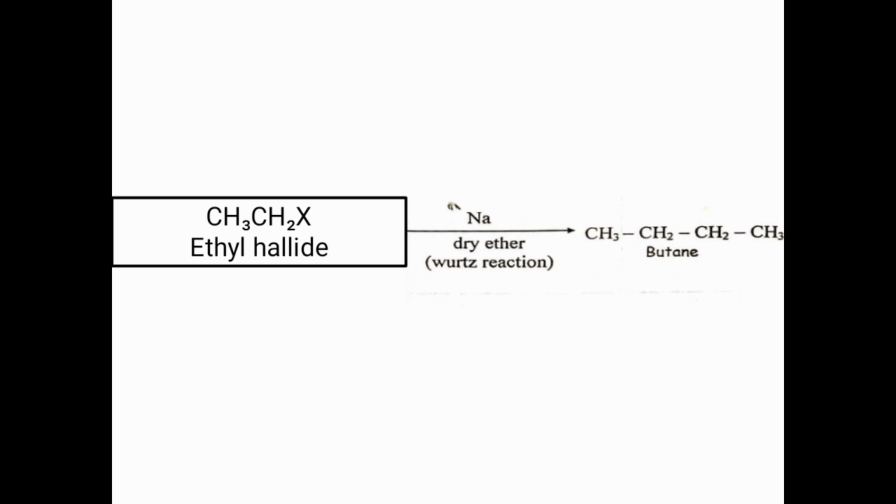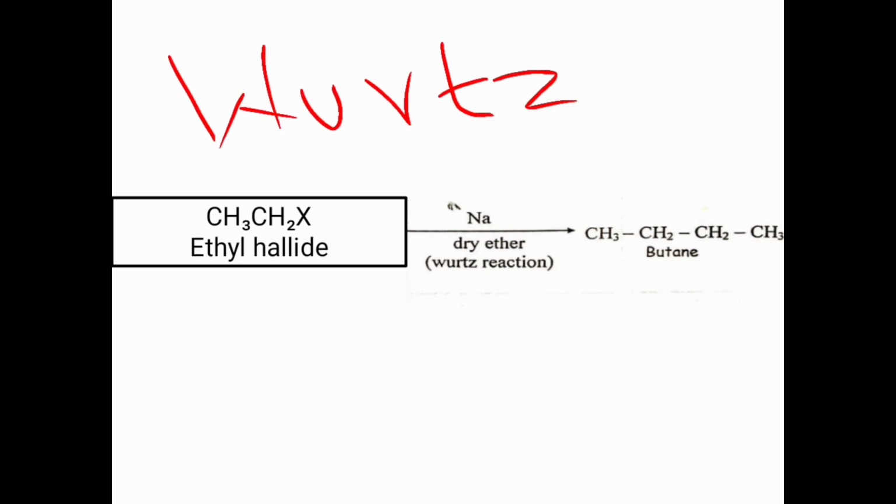Now, reaction with sodium: ethyl halide reacting with sodium is also known as the Wurtz reaction, that is W-U-R-T-Z. This is known as the Wurtz reaction. In this, what will happen is 2 sodium reacting with 2 ethyl halides.